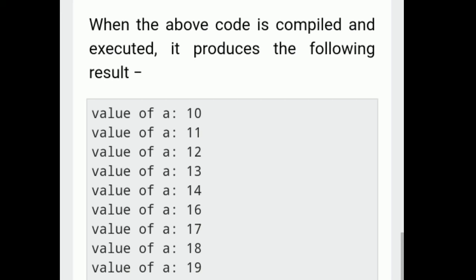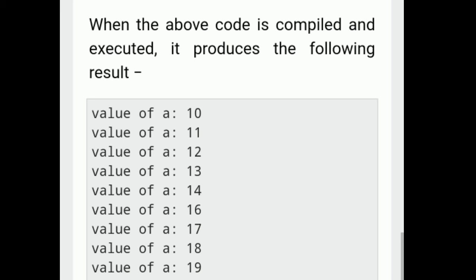It continues up to, in case the value of a is equal to 19, skip the value a is equal to 19. a double equal to 19, it is going to a plus plus, and it is printed.